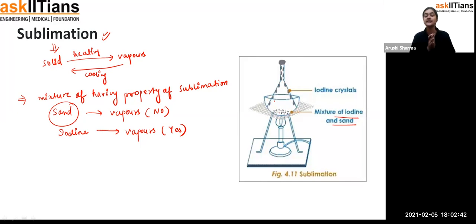So that's how, students, the sublimation process is used when we know that in the mixture, one of the substances has the property of sublimation. For example, if I take salt and sugar and we have to separate them, we know that salt and sugar cannot be separated with the sublimation process, because neither is going to be converted into vapors.